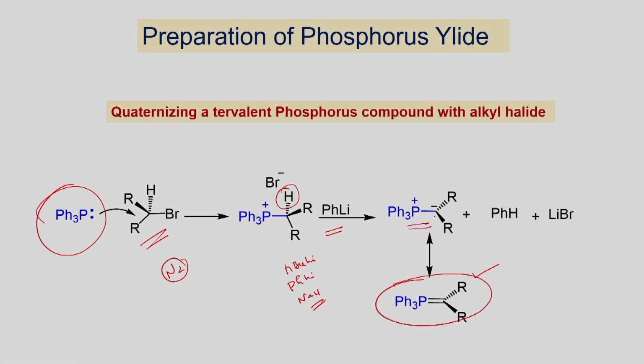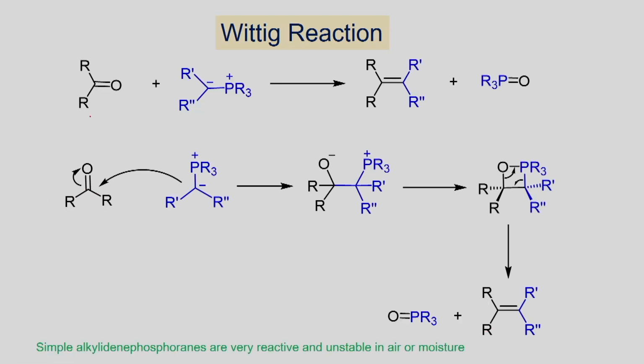Once you form this one, this can make use of the vacant d orbital to make a bond, and you can form the ylide. Once you form the ylide, which can be reacted with aldehyde and ketone to give this alkene as the product. For example, if you have this carbonyl compound, it can be aldehyde or ketone, and if you have this phosphorane, which can now readily undergo addition reaction, you will get this betaine.